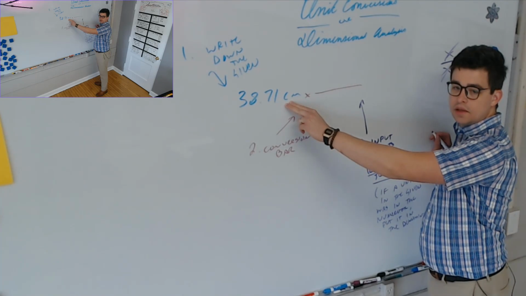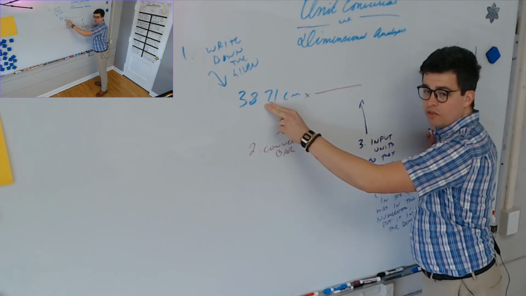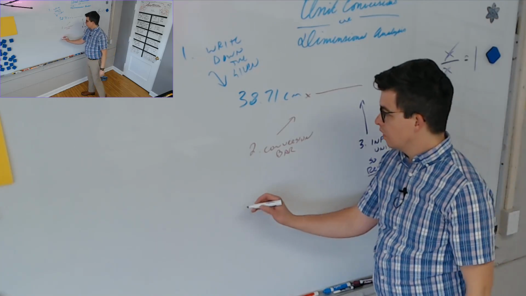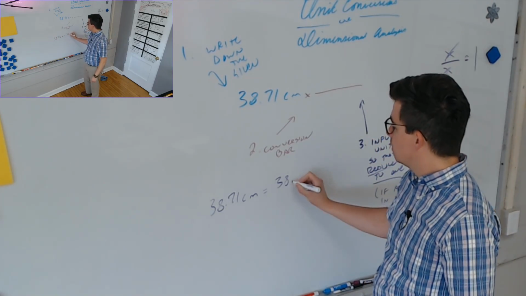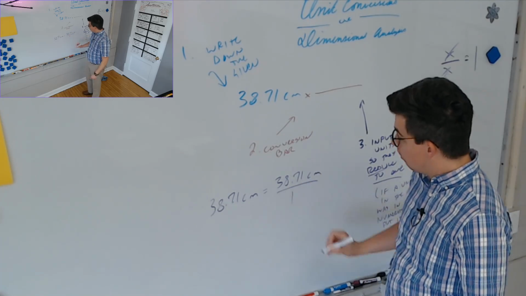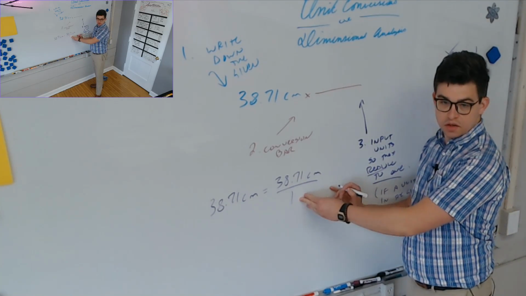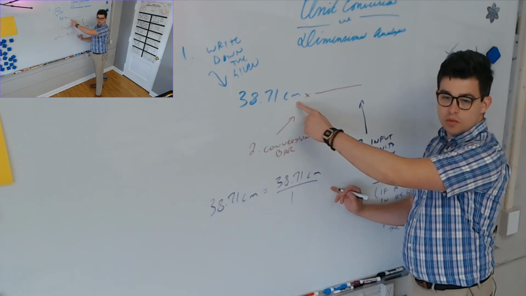Well, you better be paying attention. This is the numerator, because what fraction is this the same as? If we write it in this way, which is true, the 1 is where? The denominator. So that means that our unit is in the numerator, okay?